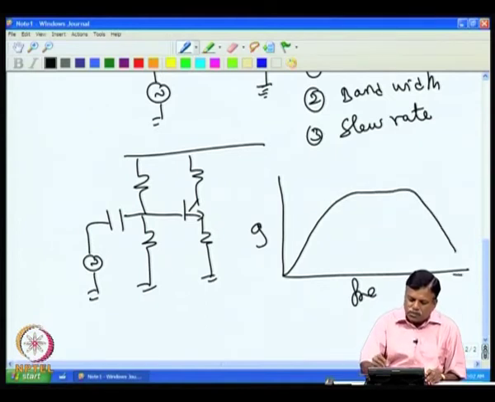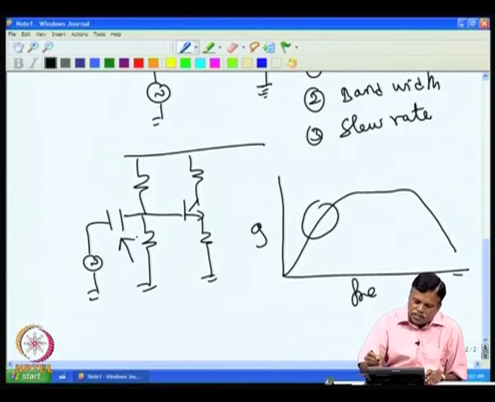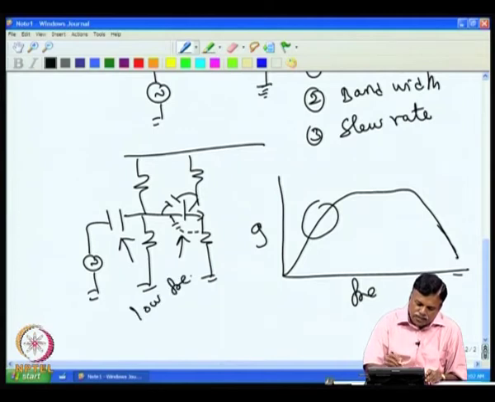So, the low frequency region problem is coming because of this capacitor, and then high frequency gain is reducing because of this so called Miller effect capacitance. Also, we have capacitance here. So, this low frequency is limited by these two capacitances, and this actually creates problem in the high frequency.